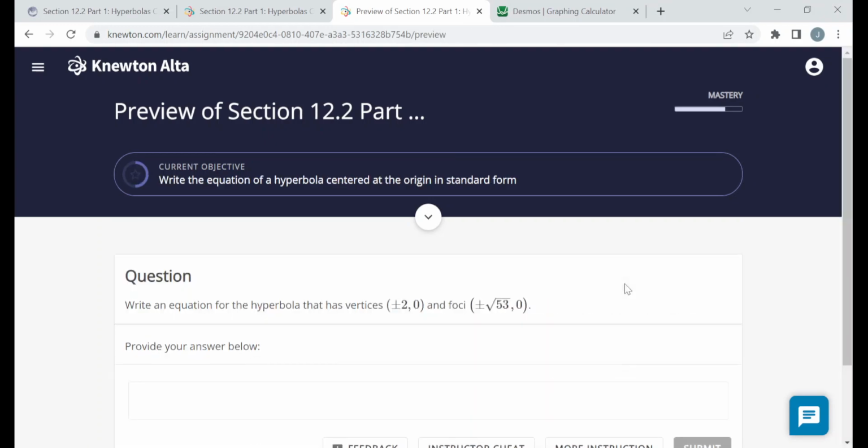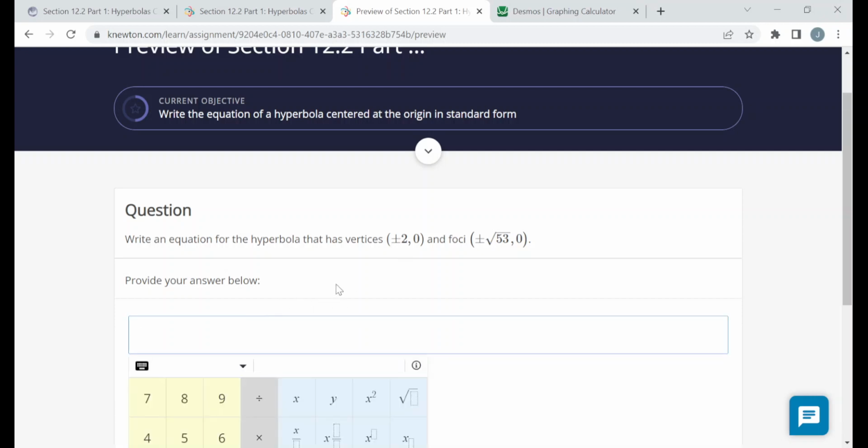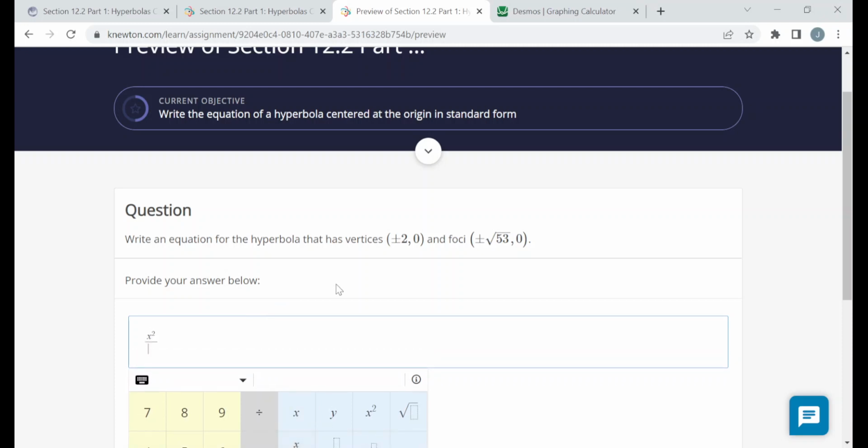Alright, then write the equation here again. We know that this is right. These vertices are to the right and left of the center, so the transverse axis is horizontal, right? So it's going to be x squared minus y squared, x squared over a squared, and a is 2, right? From the center to (2, 0) or (negative 2, 0) would be 2, so a squared is 4. So x squared over 4 minus y squared over, and then I need to find b squared.